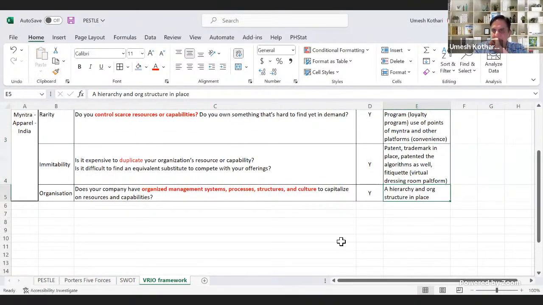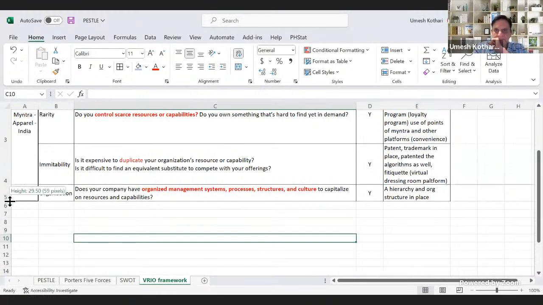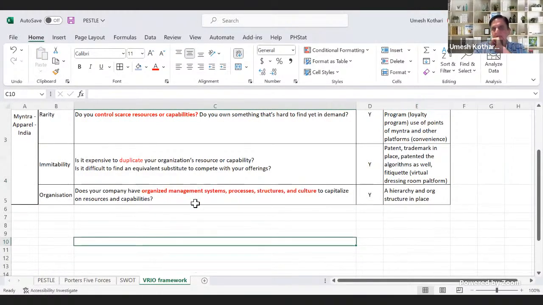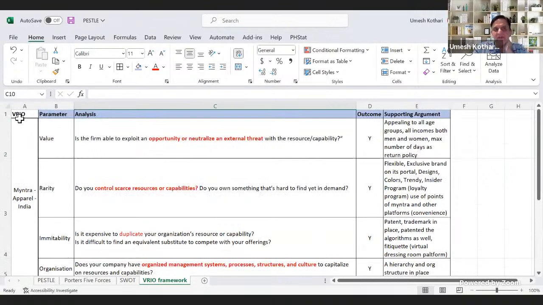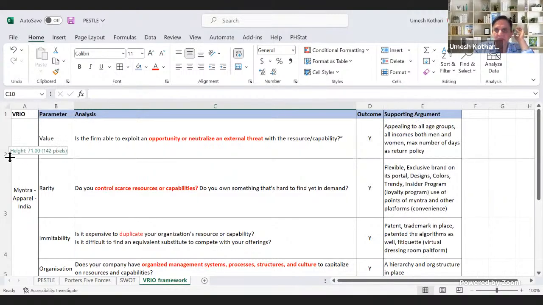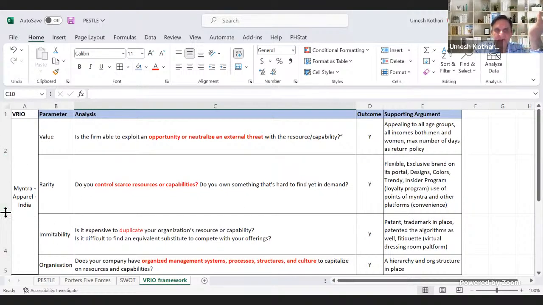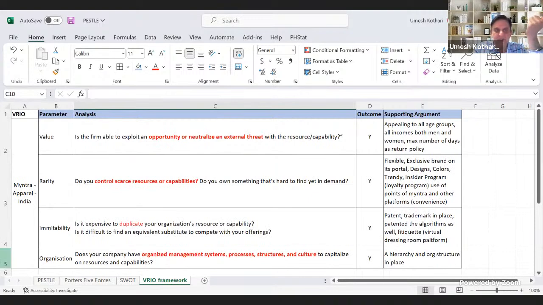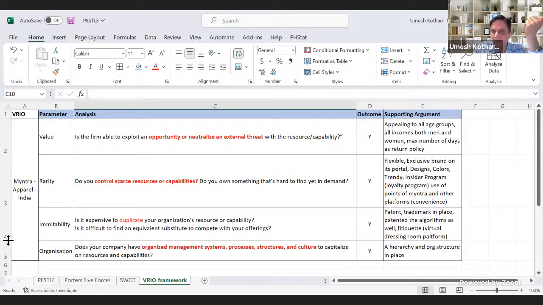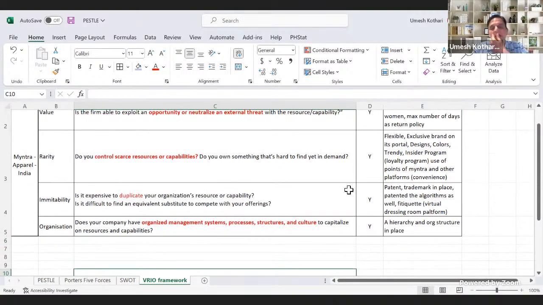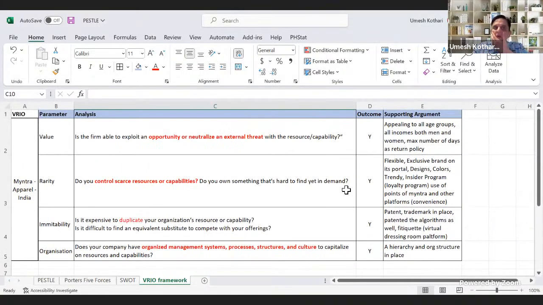Anything you wish to add? Yes, the best way to do a VRIO framework is parameters, questions, and then this simple and straightforward way of analyzing. And as rightly done, we did assume certain things. We got certain things from the public domain to build on our assumptions, and that is also what we can do for the brand that we have studied.